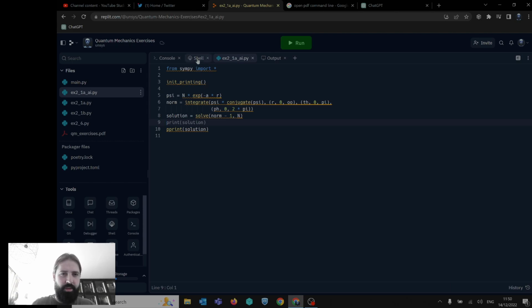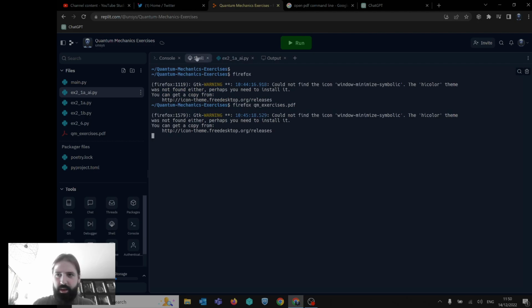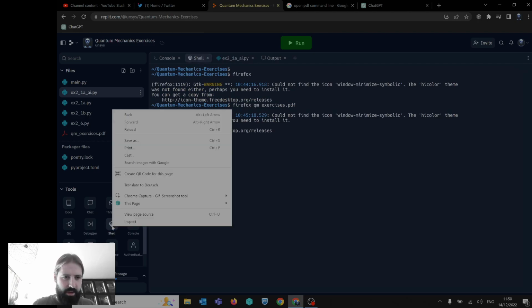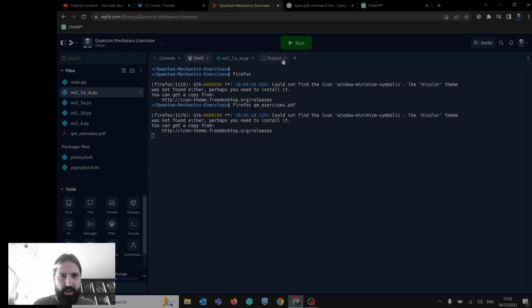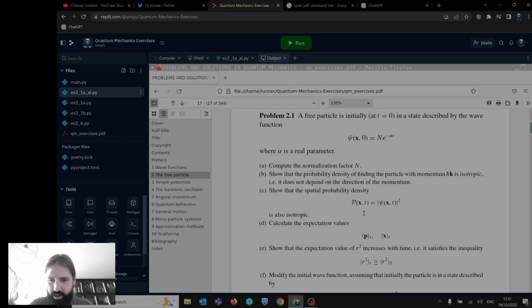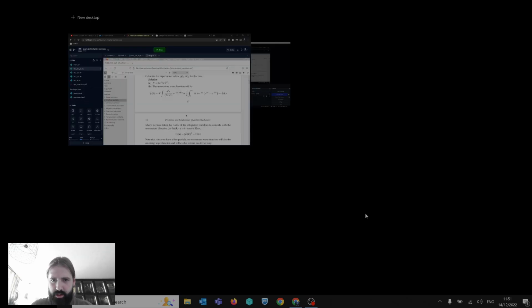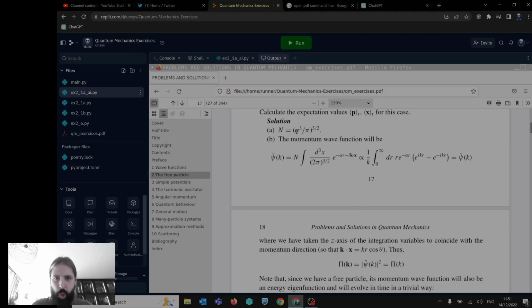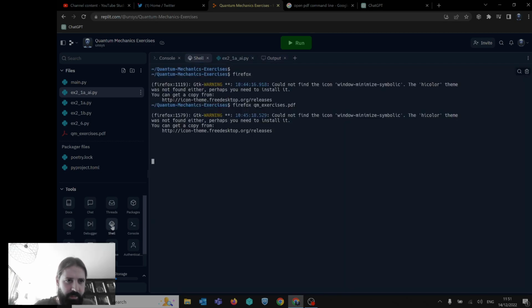Can I have another shell, or is it just opening the same one? I should have just run it as a background process, because I have these here now. Well, the solution is this one, but I cannot.